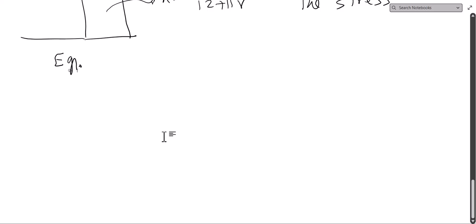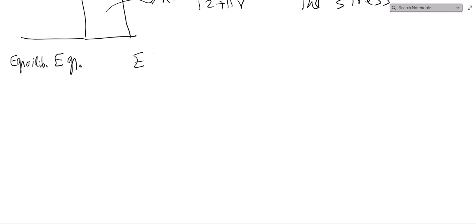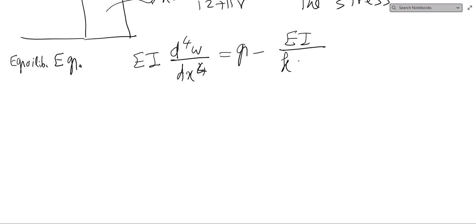And if you write the equilibrium equation, you will get EI d4w/dx4, for example, is equal to Q minus EI over KGA d2Q/dx2.